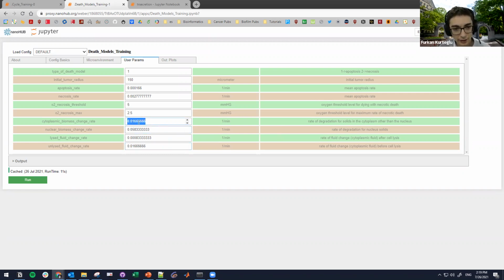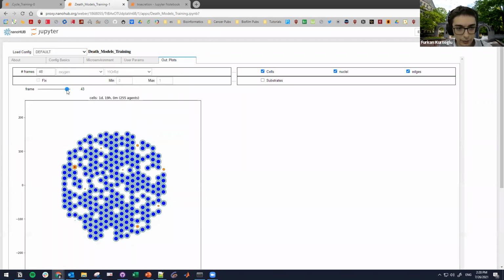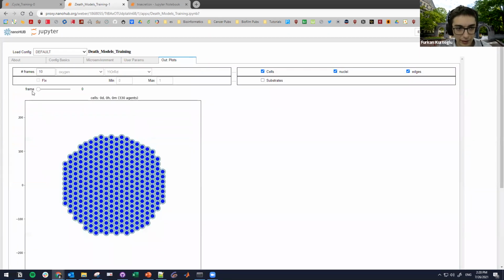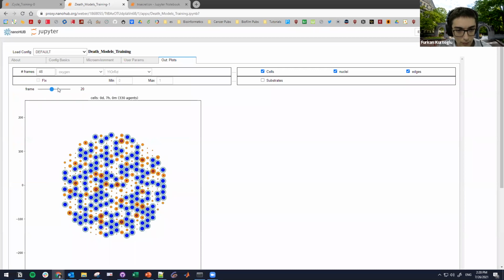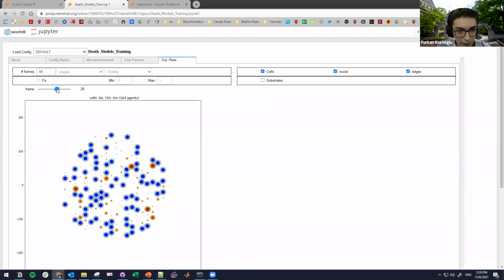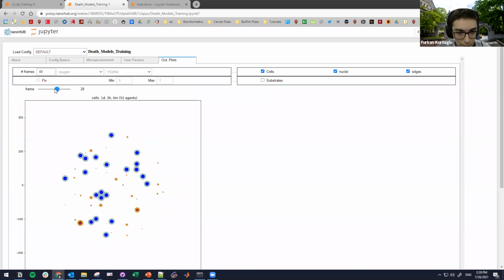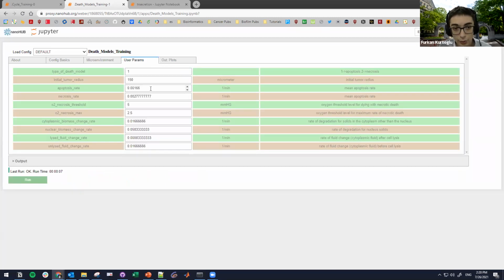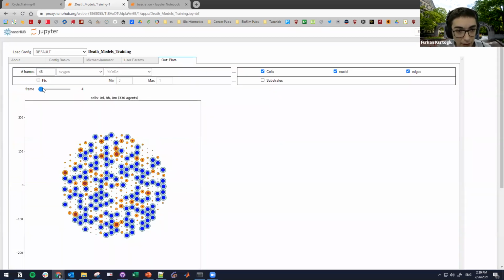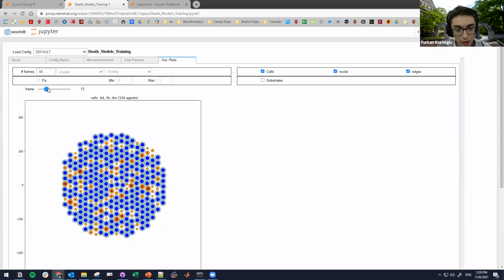For instance, let's make this one a little bit bigger, so we will have more cells that are dying. As you can see, they are losing their content. They start losing their content after the 10 hours, which is the transition rate that we set.